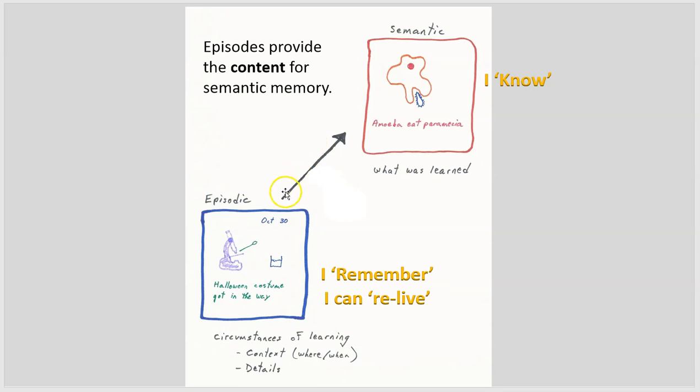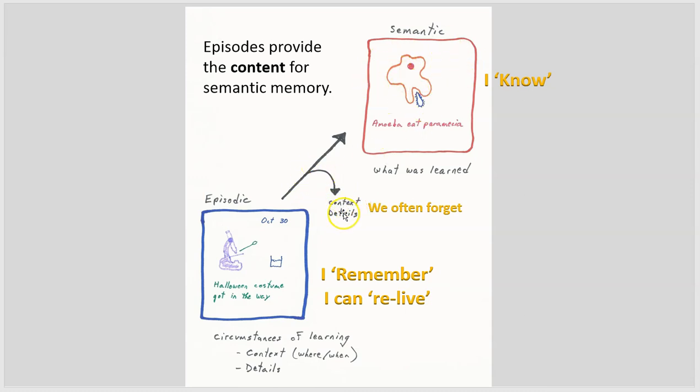And so there's an important relationship between these kinds of memory. After all, the stuff that we learn about the world, at one point it started as an episode of learning. So the contents of your episodic memory are going to be used to install new information in your semantic memory system. But as I said a moment ago, oftentimes we forget the context of the learning situation and the details of the event itself, but we hang on to what it is we learned.